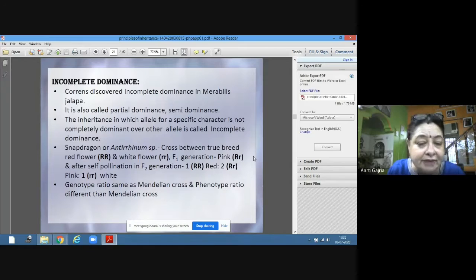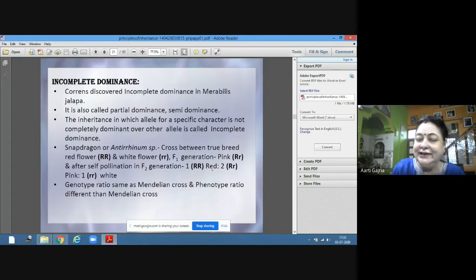Now, when this pink was self-crossed, like we do for the F2 generation in Mendelian crosses, the F2 generation showed a 1:2:1 ratio.